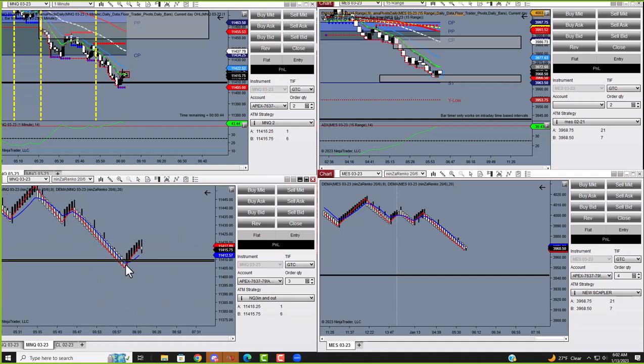We've played with this so much, and the 30 and 5 works great, don't get me wrong, but it seems like on the 20 and 6, the candles are a little bit shorter, and then the crossing on the 9 and 20 is putting us in at the bottom of the candles.